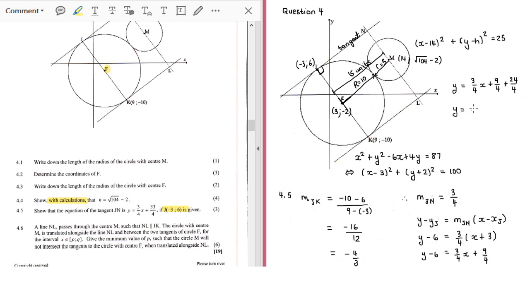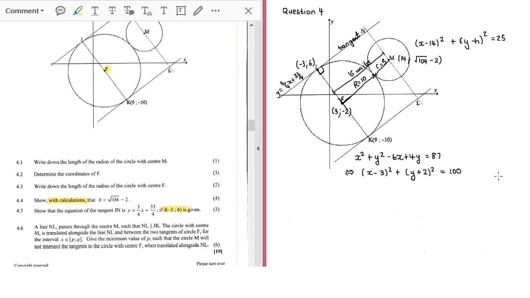Simplifying one last time, we get y is equal to 3 over 4 x. Now the denominators are the same, 4, and we're going to have 24 plus 9, which gives us 33. So we've now successfully shown exactly that equation that was given to us.